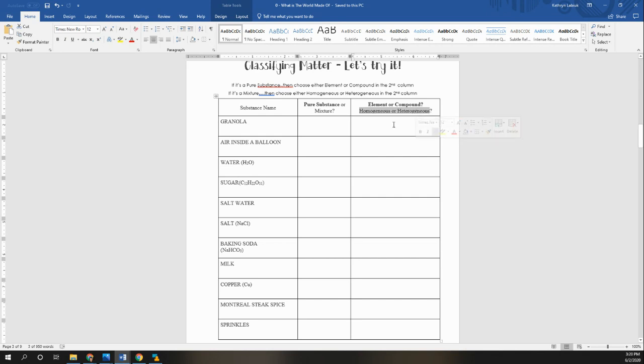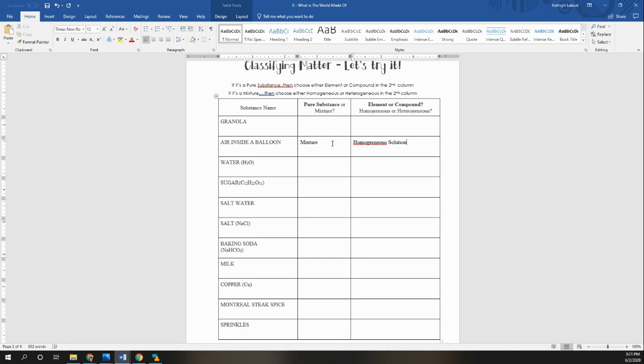So let's just take 2 random ones. Let's say here, the air inside of a balloon. This is a mixture, because it's filled with our own air that we're blowing into it. And is it heterogeneous or homogeneous? It's a homogeneous solution.